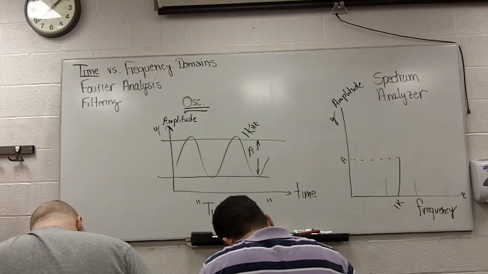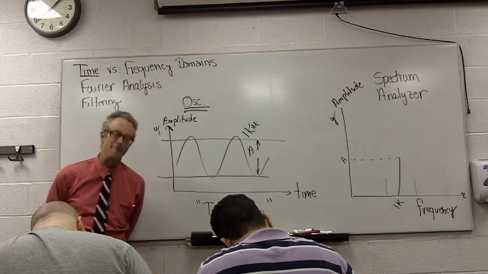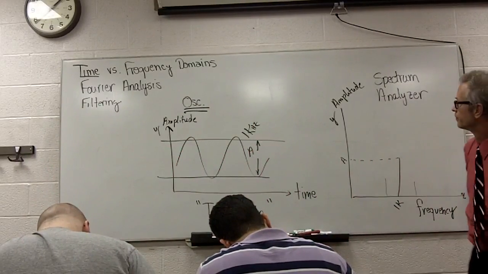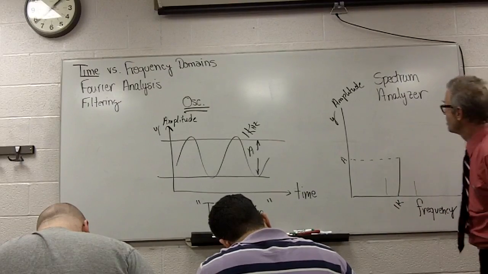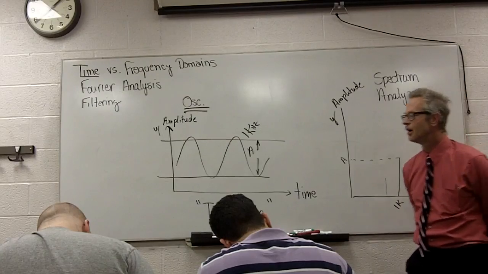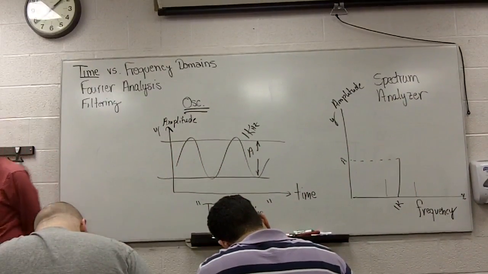And the same thought that all material is made up of what? Matter. Atoms? Yeah. Atoms. Okay? All waveforms, no matter how complex, are made up of sine waves. And I'm going to give you 2 examples of how that works.